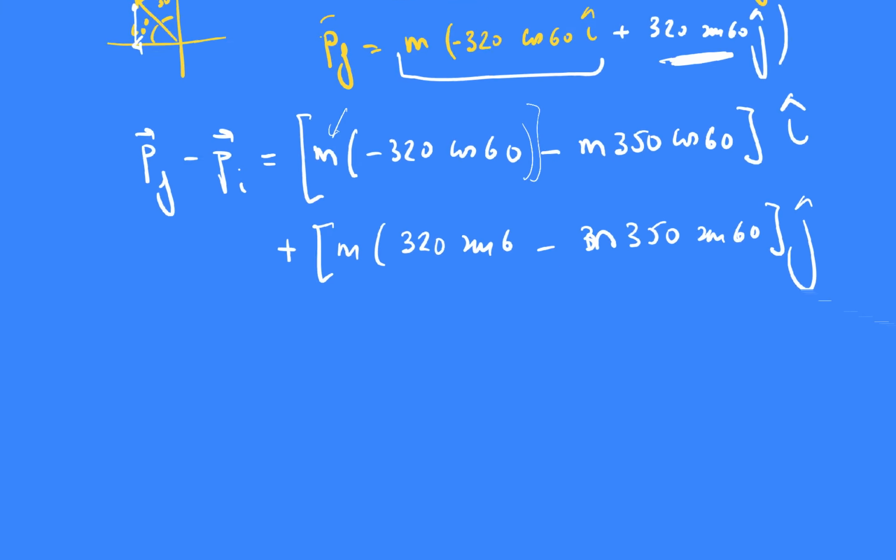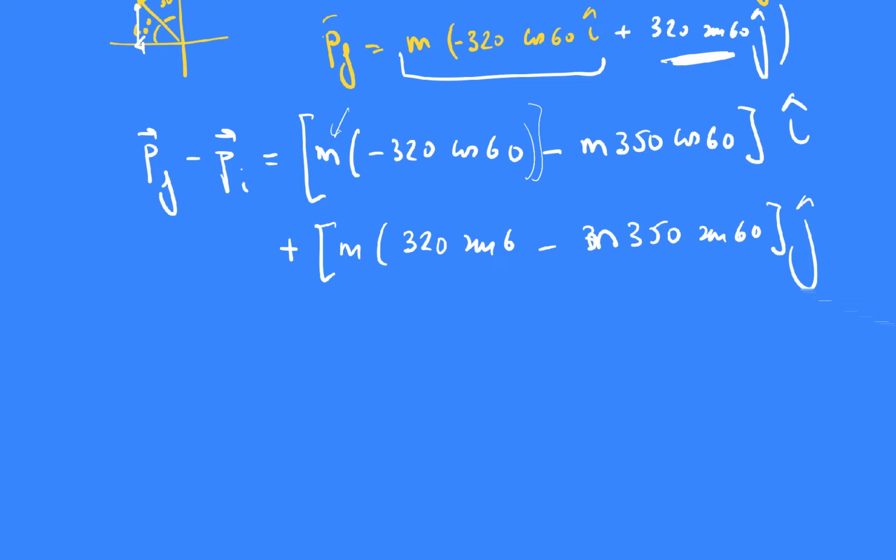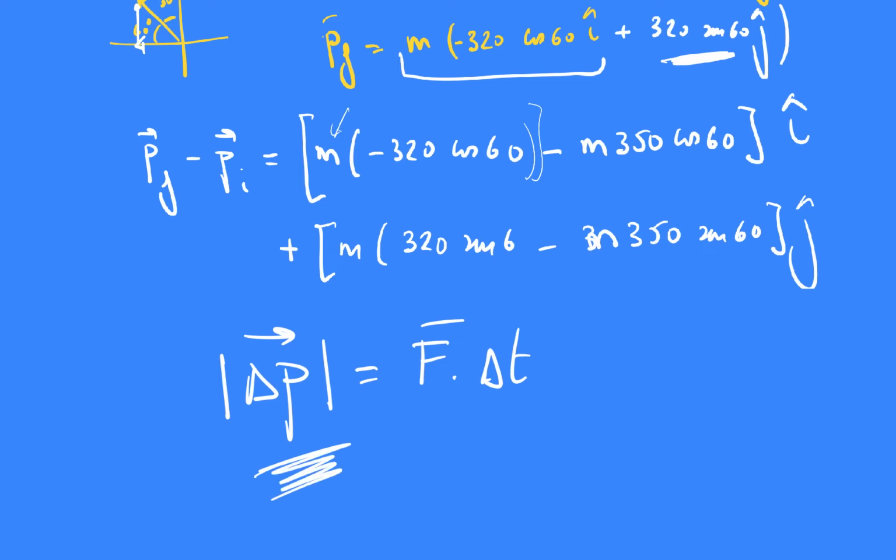And now that you have found the correct vector, what you do is take the magnitude of the change. The magnitude of the change is the force times delta t, but they're asking about the impulse, and the impulse is the change in the momentum.